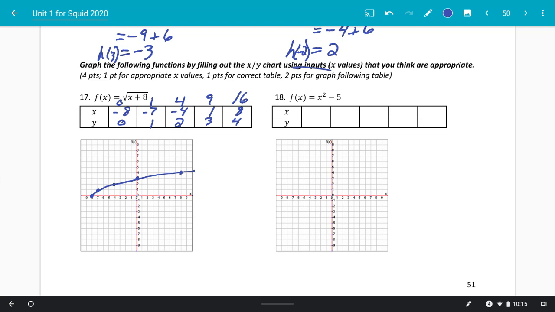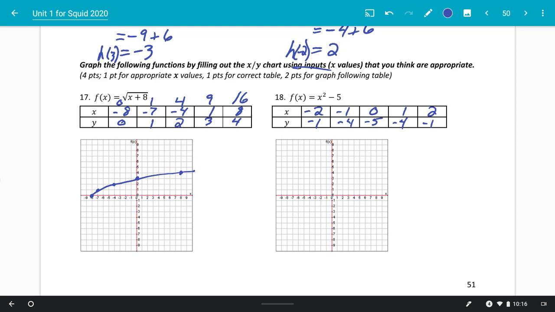Looking at 18, there's no fraction, there's no square root, so I can use pretty much whatever I want. So I would choose -2, -1, 0, 1, and 2. Plug those in. -2 squared is 4. 4 minus 5 is a -1. -1 squared is 1. 1 minus 5 is a -4. 0 minus 5 is a -5. 1 squared is 1, minus 5 is a -4. 2 squared is 4, minus 5 is a -1.